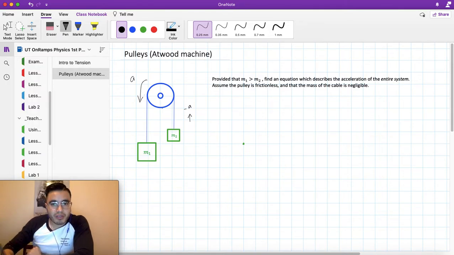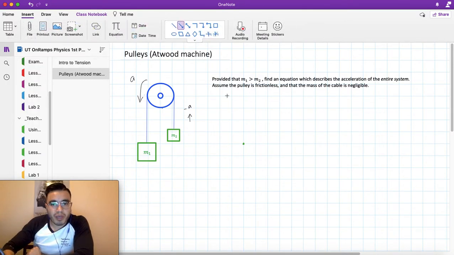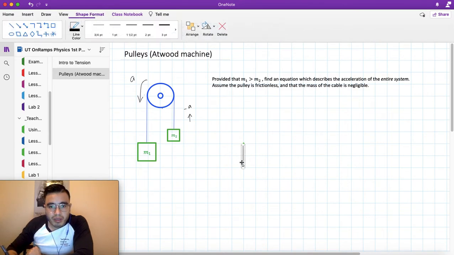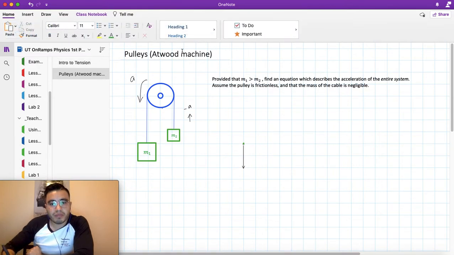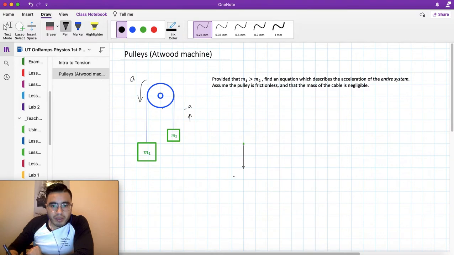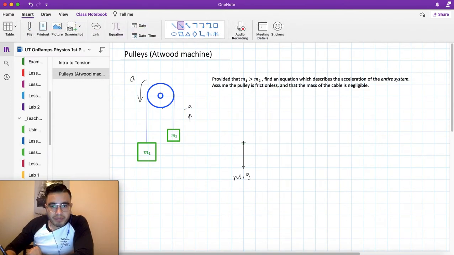So now let's draw our vectors. So we have the weight of mass 1. There you go. We'll label m1 times acceleration due to gravity for the weight of mass 1. And then we'll draw the tension.